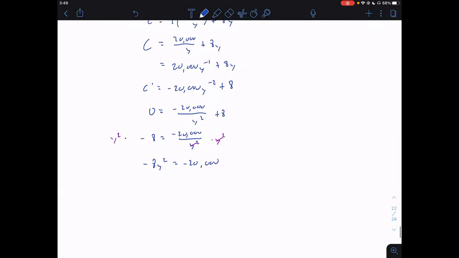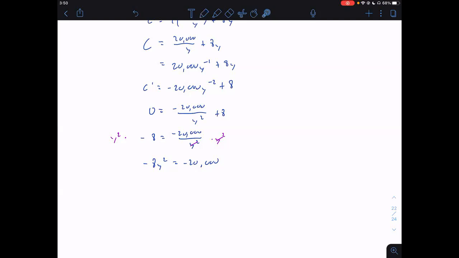Now we're going to take negative 20,000 divided by negative 8, which gives us, would that be 50? Actually, that would be 2,500.